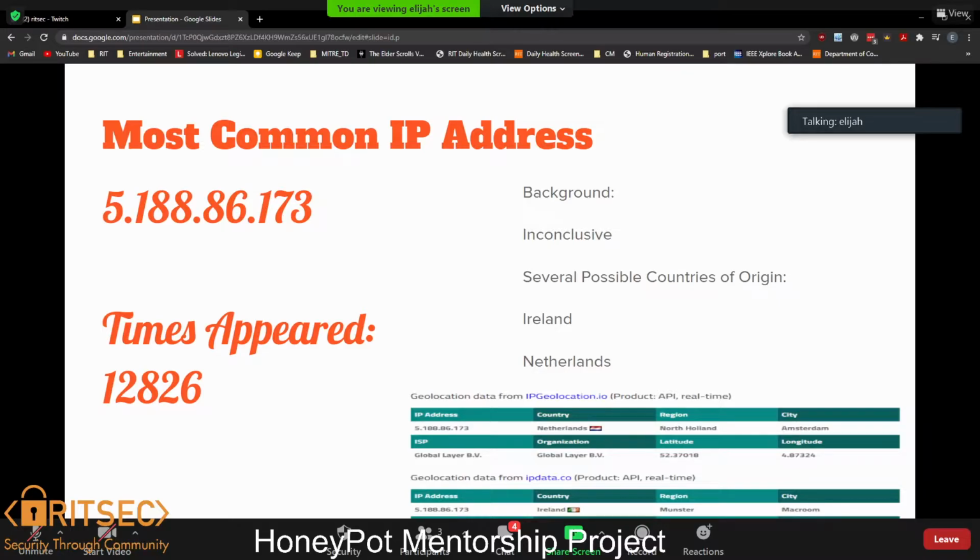However, I received mixed results. The main two that I found were the Netherlands and Ireland. Again, most of the results actually turned up with the Netherlands. However, Ireland was another possible candidate. This can mean a plethora of things, though I have neither the expertise nor the knowledge to really get into it.